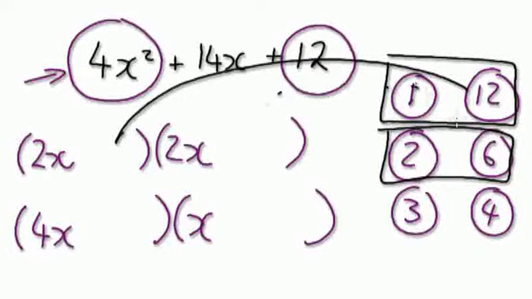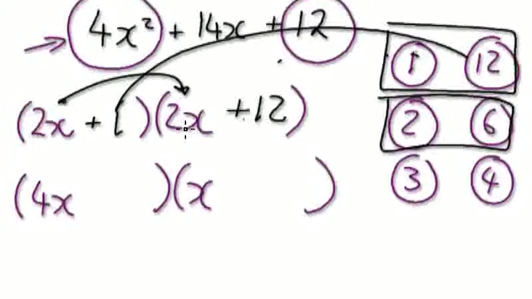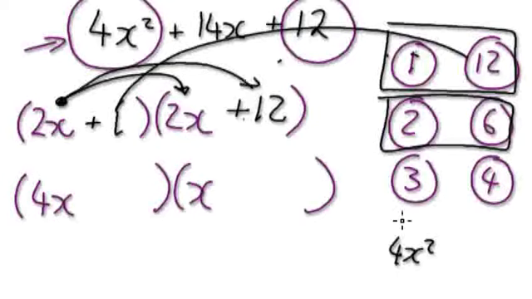Okay, and if that doesn't work, maybe you might have to put the 12 into here and the 1 into here. So let's try putting the 1 and the 12 in here. So plus 1 and plus 12. Now this times this is obvious, that's going to give you 4x squared, but we don't really care about it. Now this times this here would give you 24x.